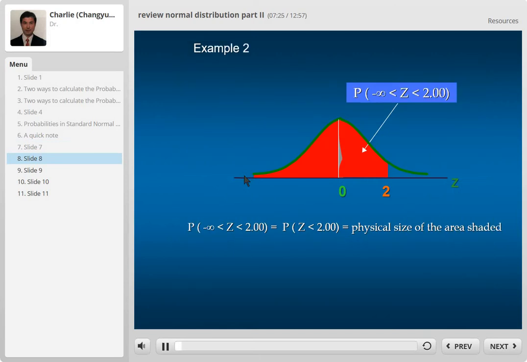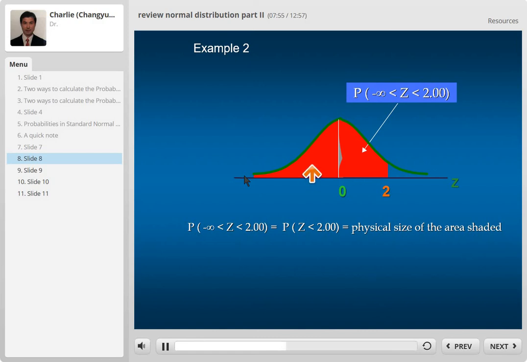Now let's work on another example. We would like to know the probability of z bigger than negative infinity, smaller than 2.00. So visually it looks like this. It goes from negative infinity, which is the left-hand tail, all the way to z equals 2, which is here.